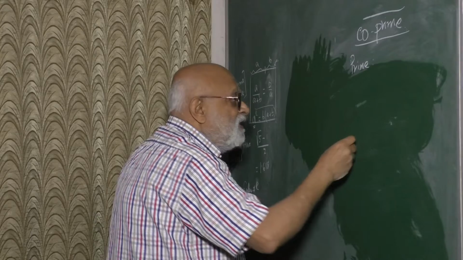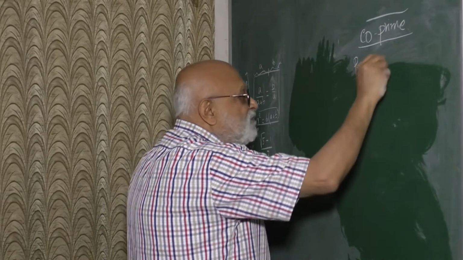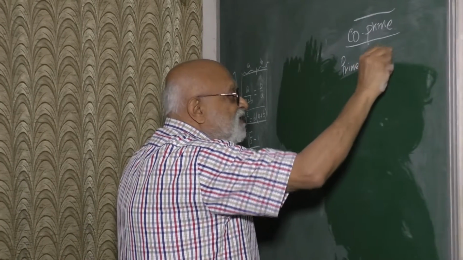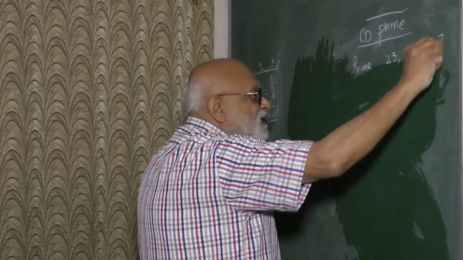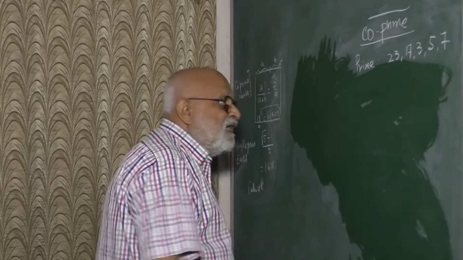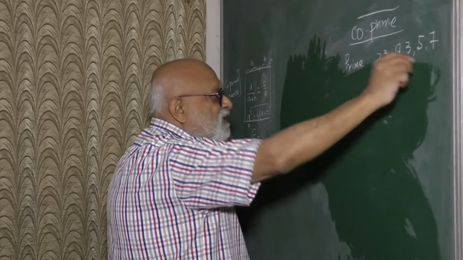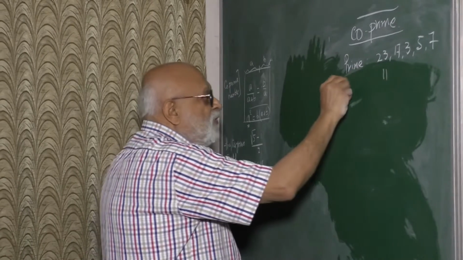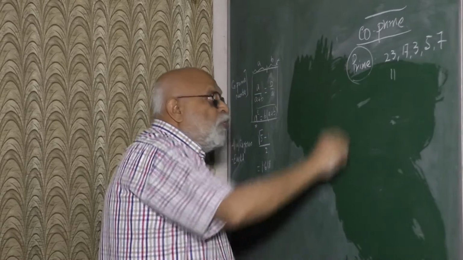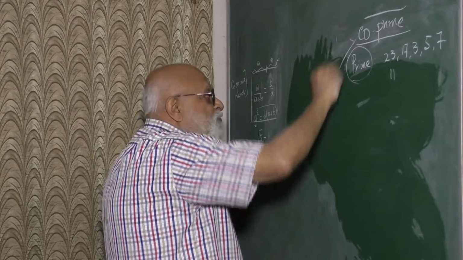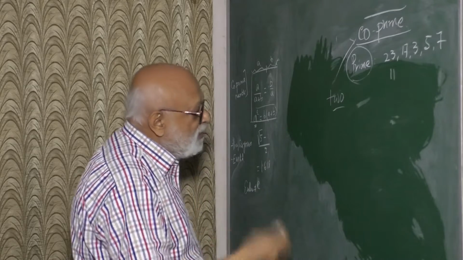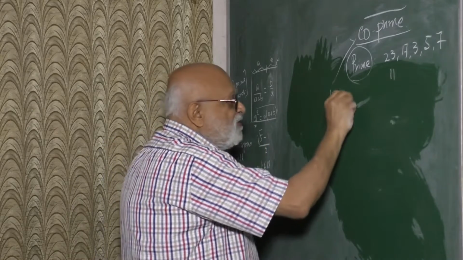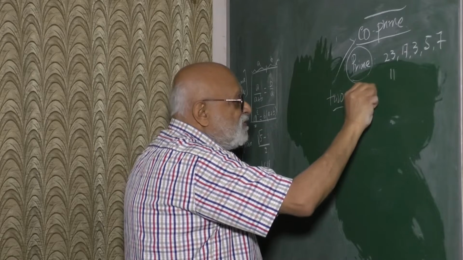That means prime numbers, say 23, say 17, say 3, then 5, then 7, 11. These cannot be factorized. So co means what? It should be at least 2, 2 or more than 2, or greater than 2.